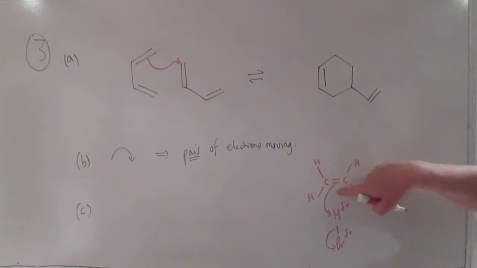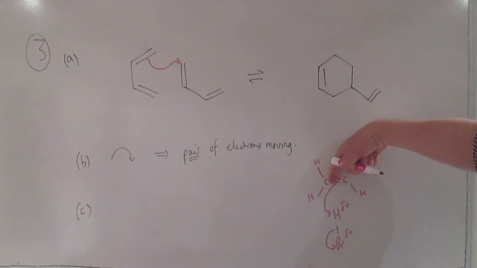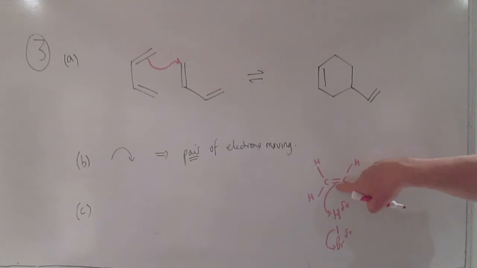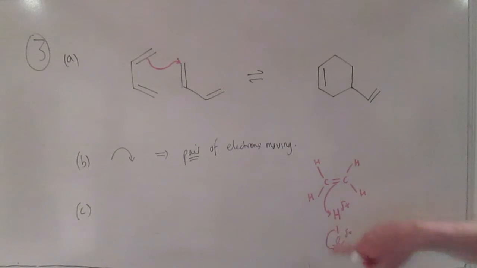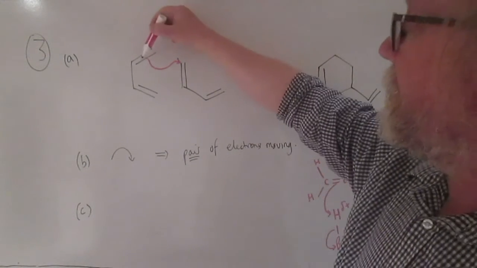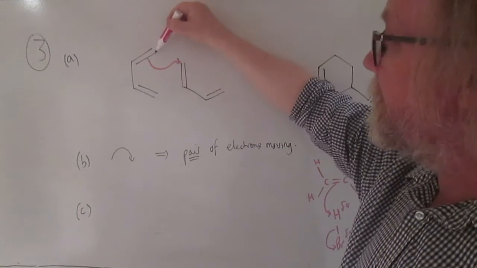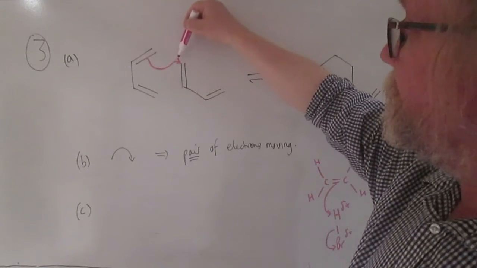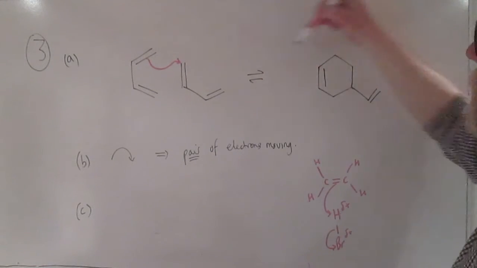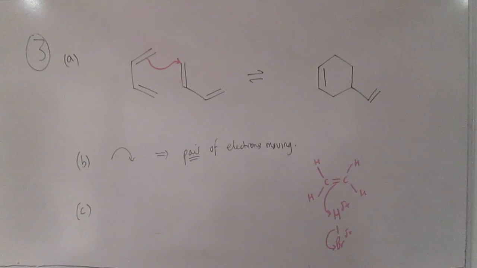And what that means is that the pair of electrons that was the pi bond is now moving out of the pi bond and is being grabbed to form a new bond to that hydrogen. So in the same way here, the pair of electrons that was that pi bond is moving out of the pi bond and is being used to form a new bond, this one, to that carbon.